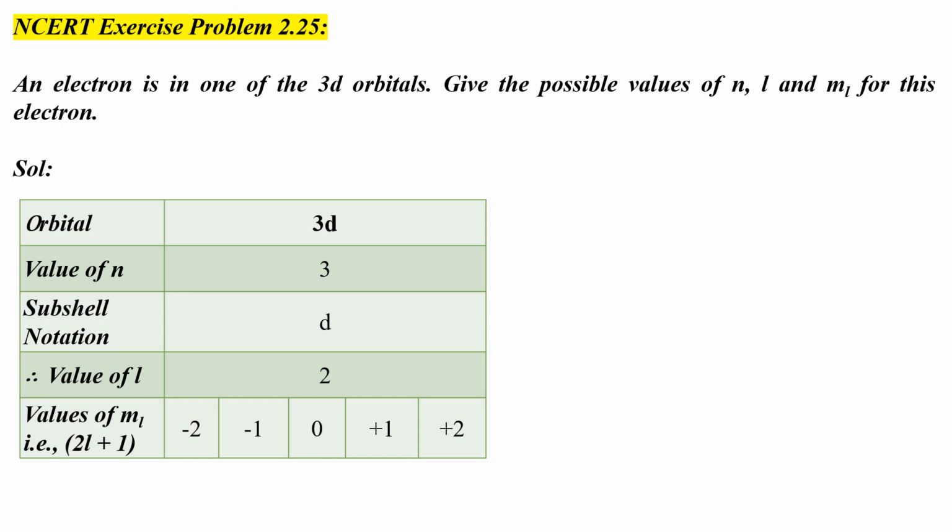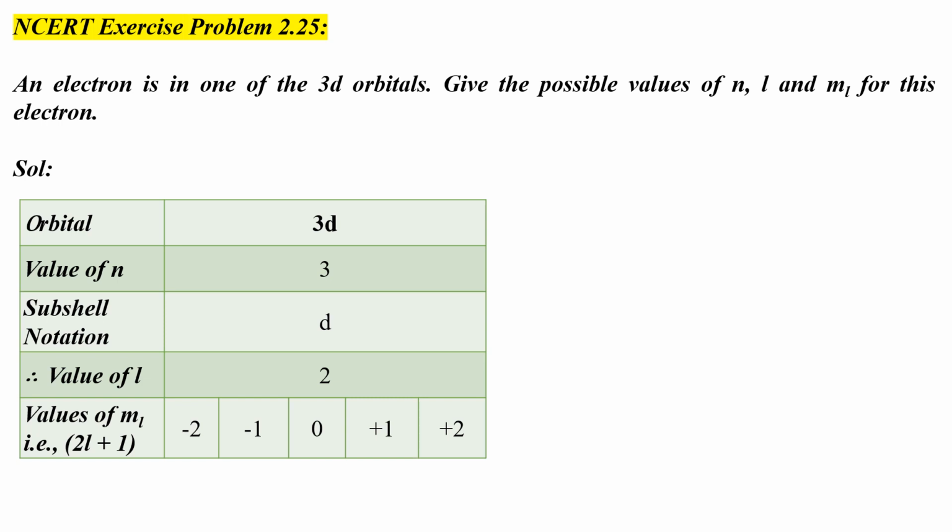I have solved this problem in the tabular format. What is the orbital given to us? It is the 3D orbital. Here, 3 indicates the value of n. The value of n is 3. This means the electron is in the 3rd shell. And what is the subshell notation provided to us? It is D. It indicates the D subshell. So the electron is in the 3D subshell.